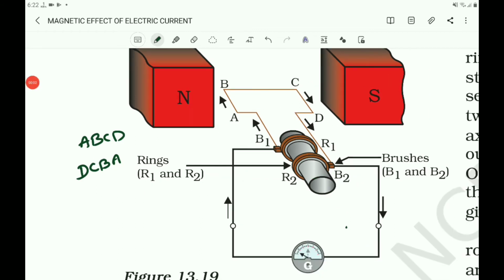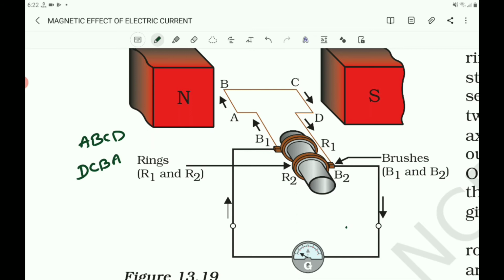Now what is the construction and working of DC generator? What is a DC generator? A device which converts mechanical energy into electrical energy of direct form.